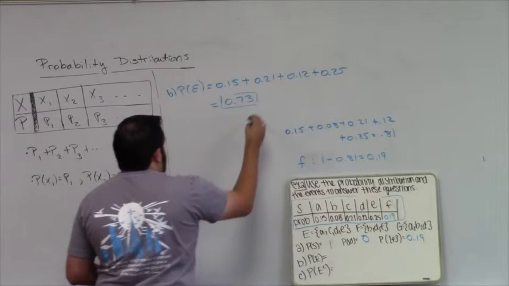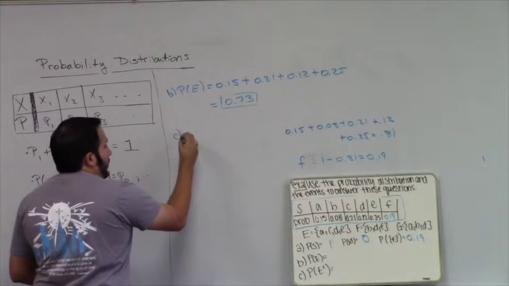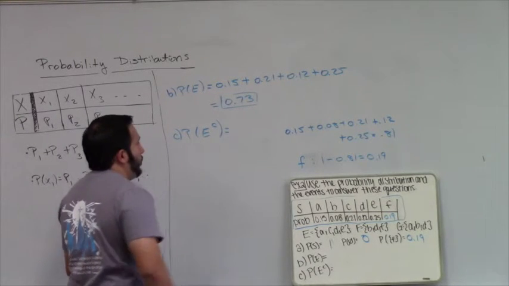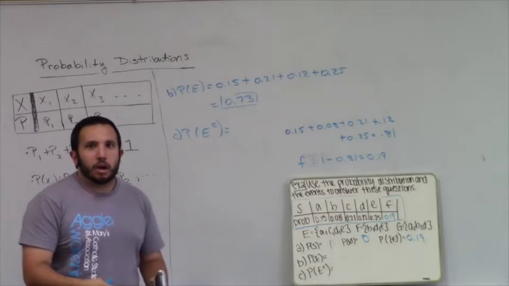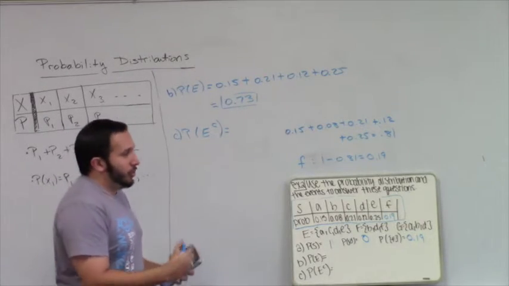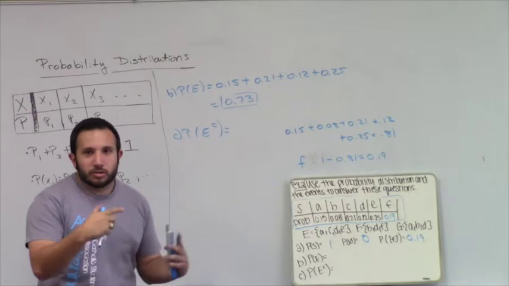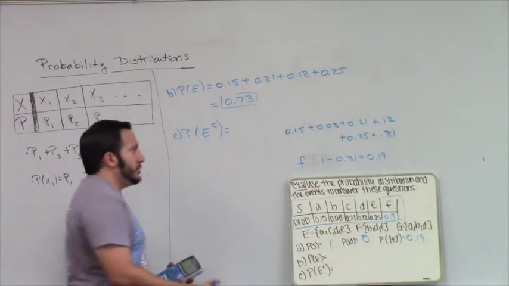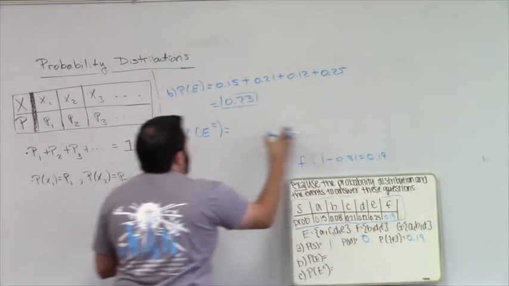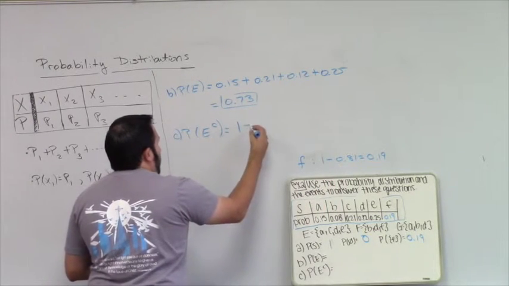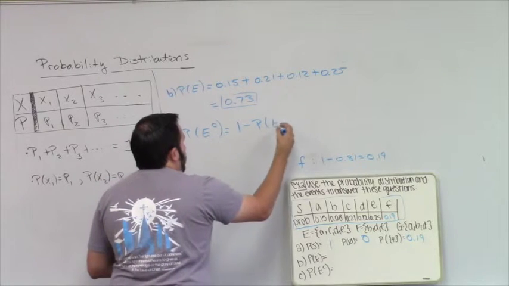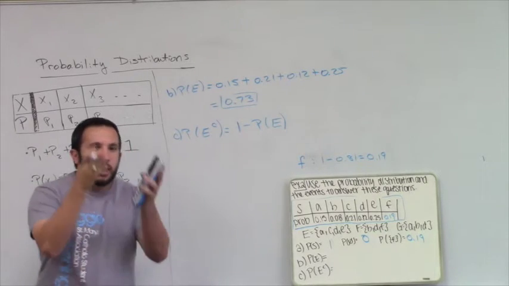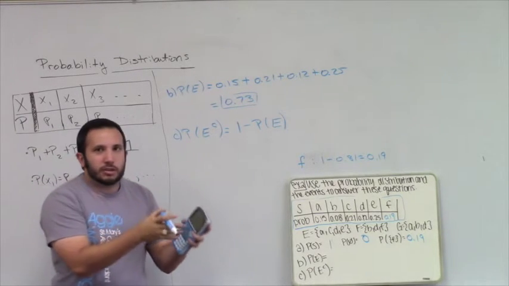And then as for C, what is the probability of E complement? You have two options. One, you can find E complement and then add that up. Or what I suggest, pay attention to this because we're going to be using this throughout: the probability of E complement, that's just not E. So you can say this is equal to 1 minus the probability of E. In essence, this is going back to every possibility minus what I don't want.